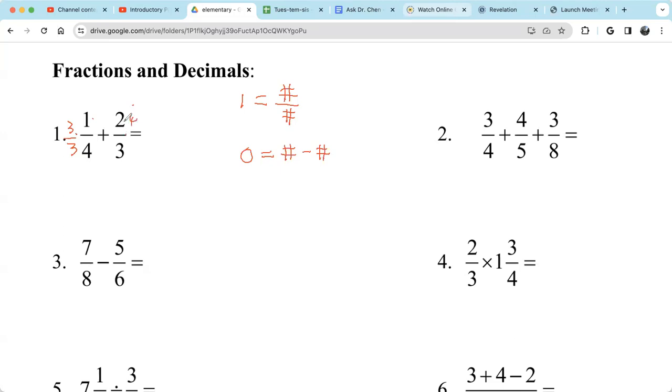I need to multiply by 1, but this 1 is 4 over 4. So the first one, 1/4, becomes 3 over 12, and 2 over 3 becomes 8 over 12. We call 1/4 and 3/12 equivalent fractions. Same thing for 2/3 and 8/12. They are equivalent fractions, right?